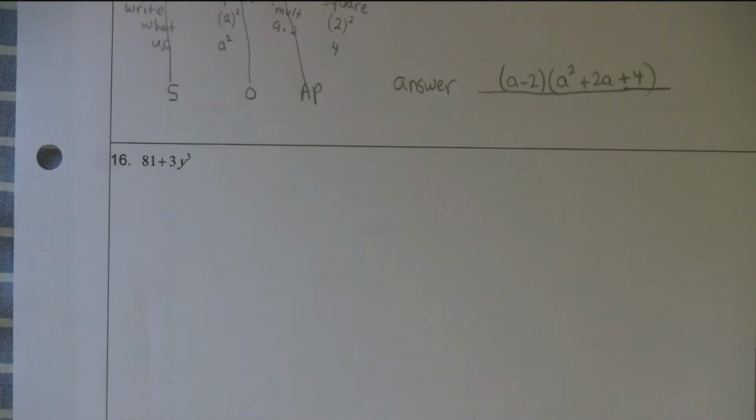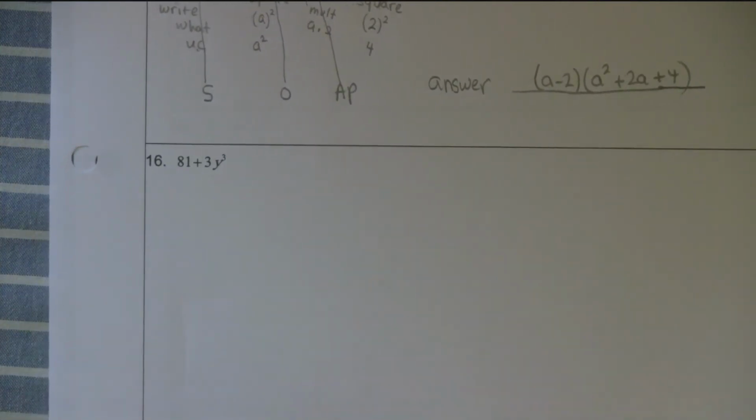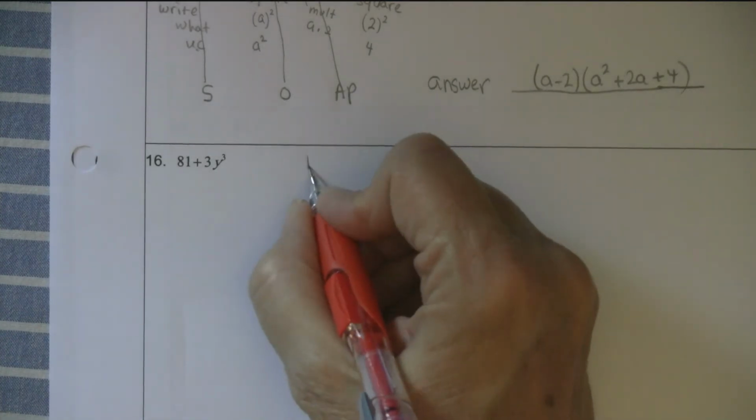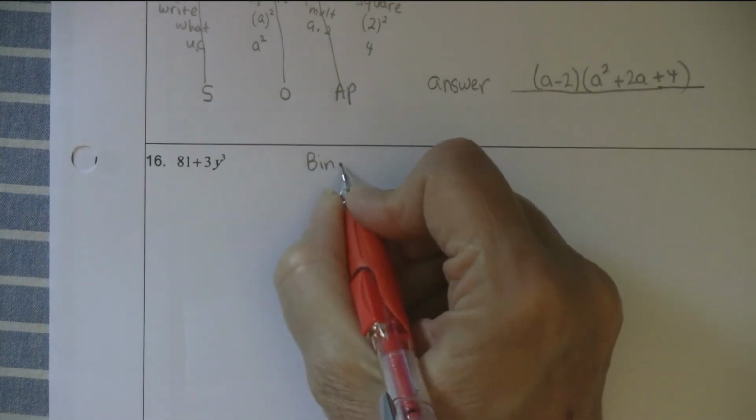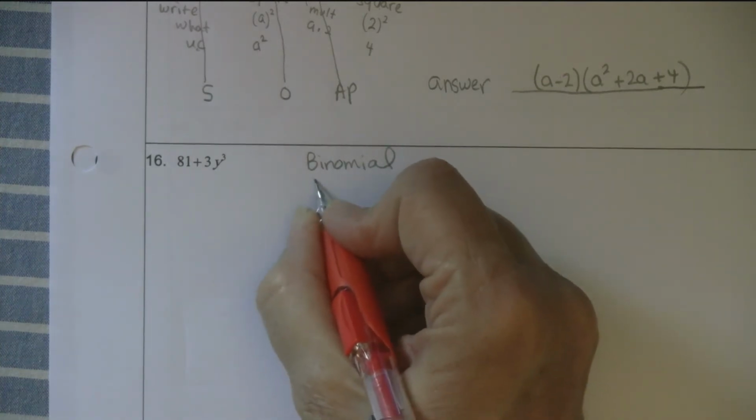So we did a lovely job on that. And this is number 16 out of your book. I can see it's a binomial, right? I always say, look at the size second, but people can always see it's a binomial.